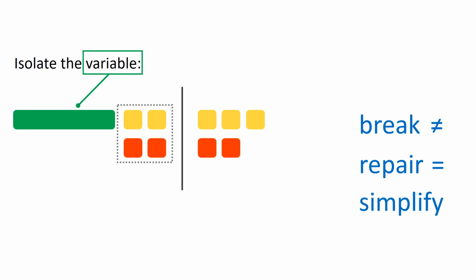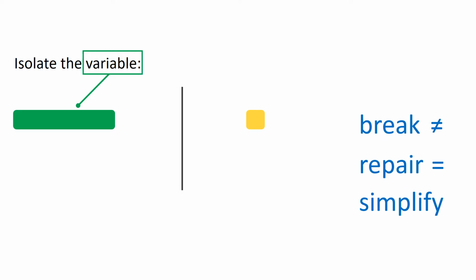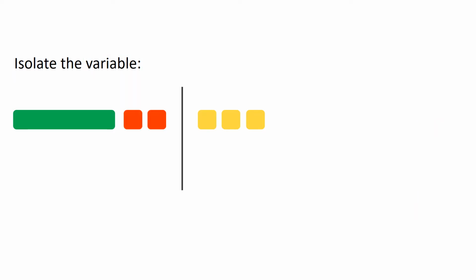What we do at this point is we simplify. We've removed the zero pairs and we've isolated the variable. We've got the variable x on its own. So moving on to another example, isolate the variable. We're trying to isolate the letter x there, the green bar, and we have to do that by adding into this model, adding into the set of tiles.